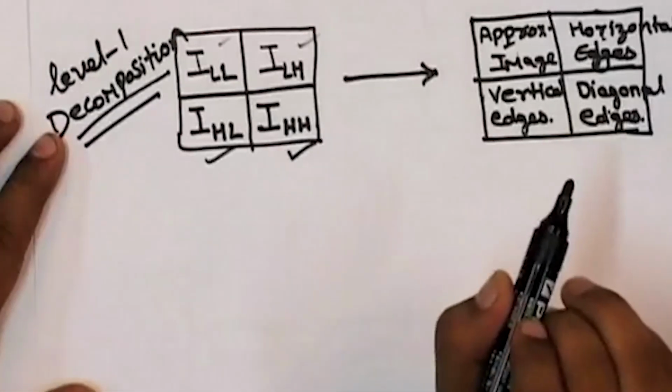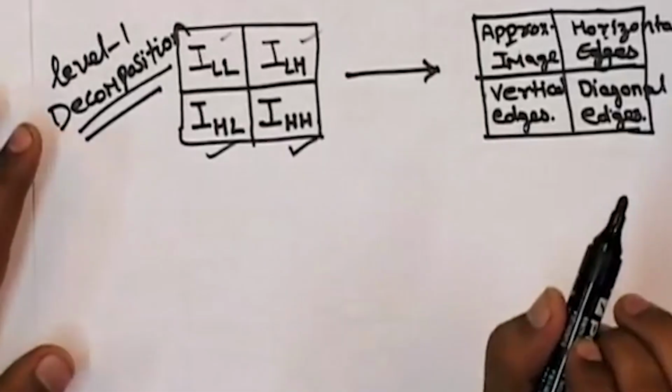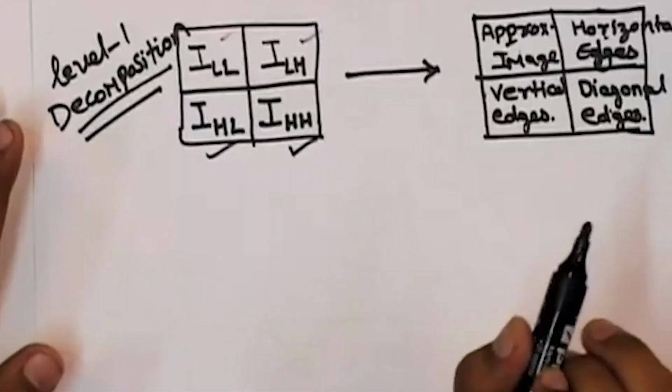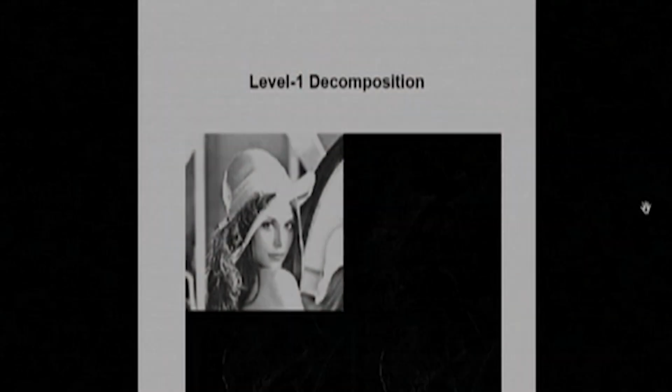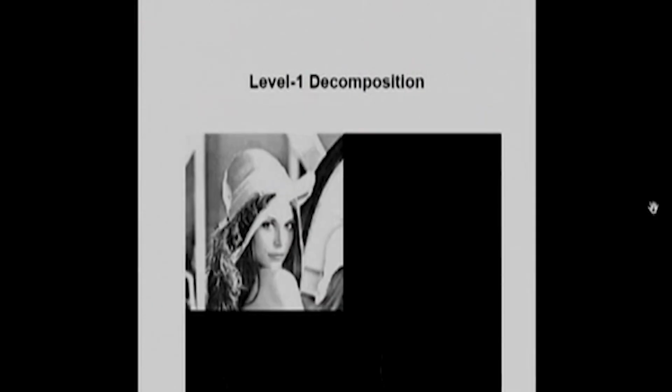Now in principle, any one of these subbands or all of these subbands can be analyzed or partitioned further. But it can be seen from the simulation that as the maximum energy or information content is in the LL subband, we would like to decompose this band further.